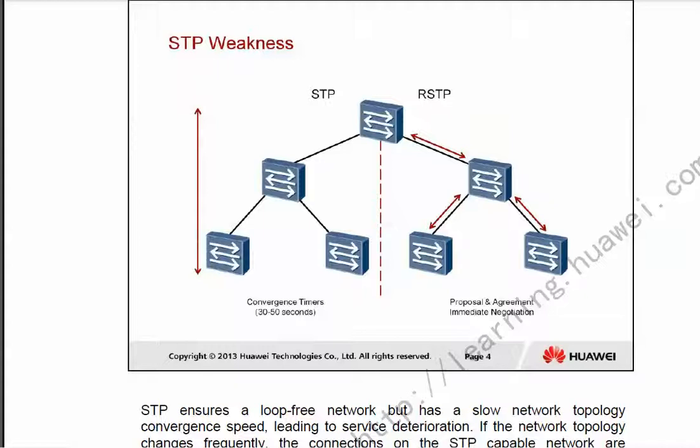RSTP uses a proposal and agreement process, which allows links to negotiate immediately. Since it doesn't use the timer techniques, it will make the network converge very fast.